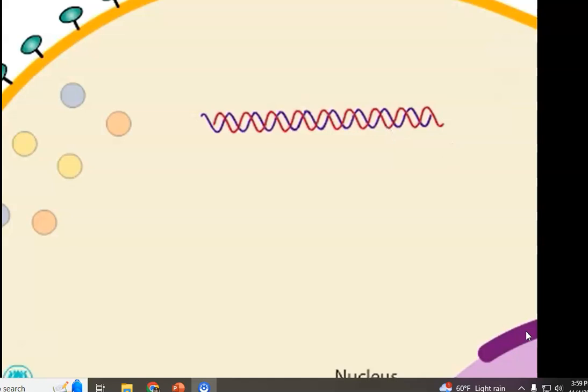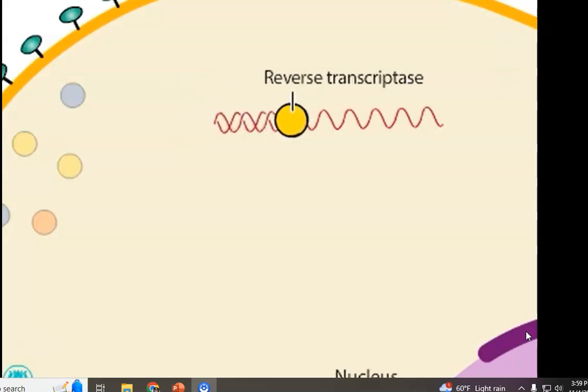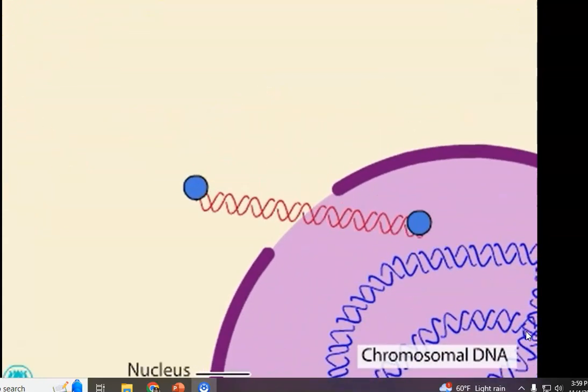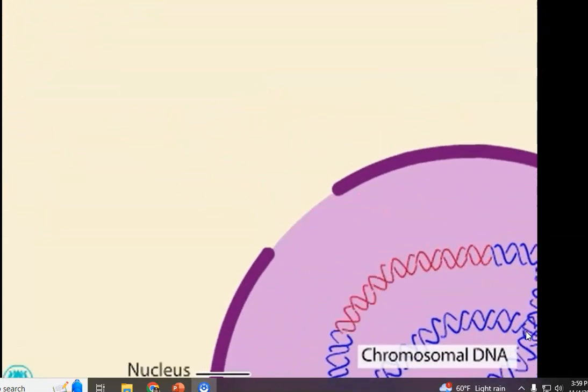The viral RNA is destroyed by another viral enzyme called ribonuclease H. Reverse transcriptase then synthesizes a second DNA strand, using the first strand as a template. The double-stranded viral DNA enters the nucleus with several types of viral proteins, including an enzyme called integrase. Integrase enzymes splice the viral DNA into the host cell's chromosomal DNA. The integrated viral DNA is known as a provirus.